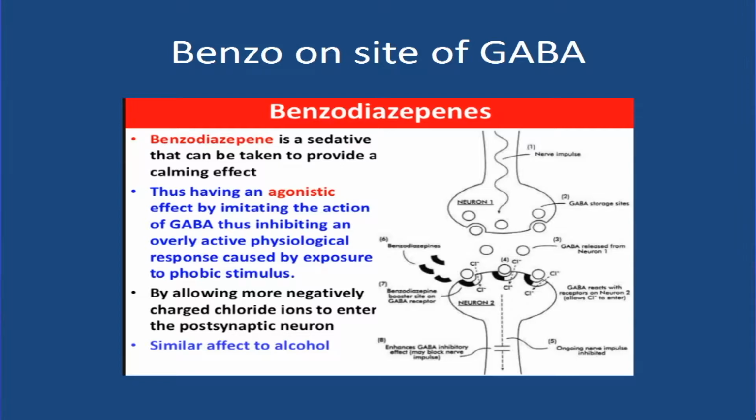By allowing more negatively charged chloride ions to enter the postsynaptic neuron, it has a similar effect to alcohol. And as you see by the diagram, there are specific receptor sites in the gamma nerve ending, and the drugs that we use, the benzodiazepines, target those sites and reduce the effect of the endogenous secretions.